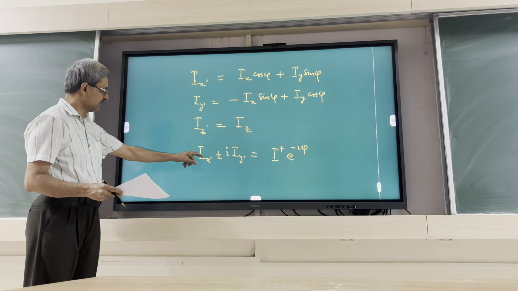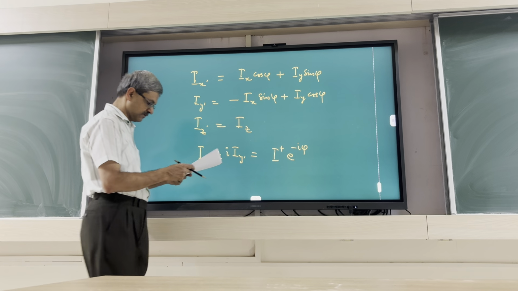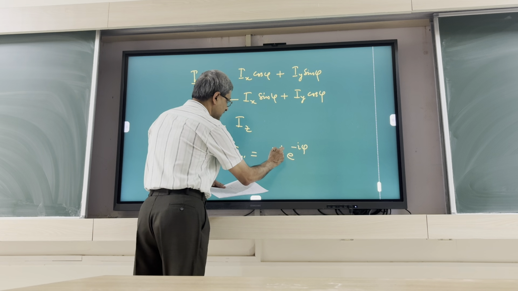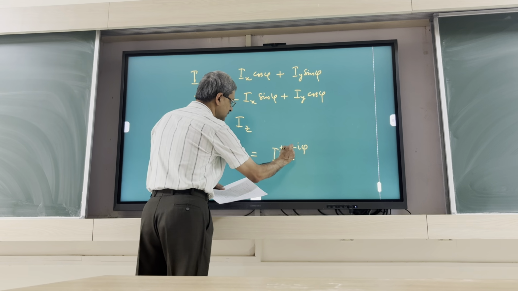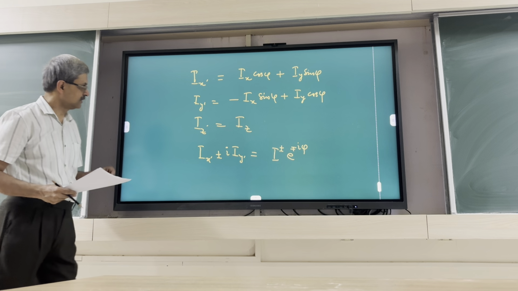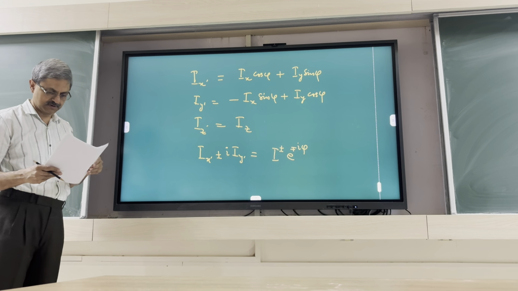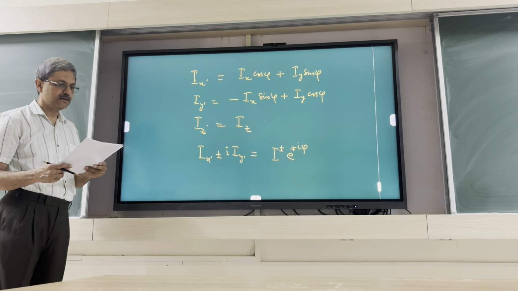So the I minus in the rotated one will have a plus sign in the exponent. Right, so I think this is where we ended last time.